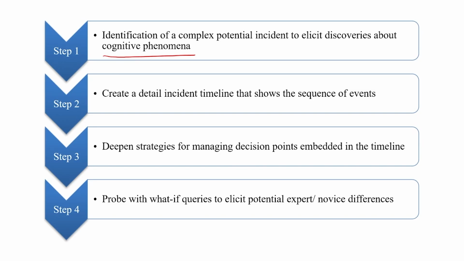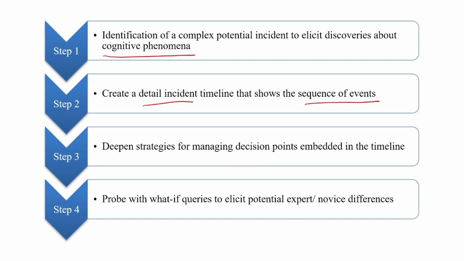On a timeline we detail out the incidents. We put the different incidents in a particular timeline, which shows the sequence of events. Once we have the sequence of events, we really know where the problem started.